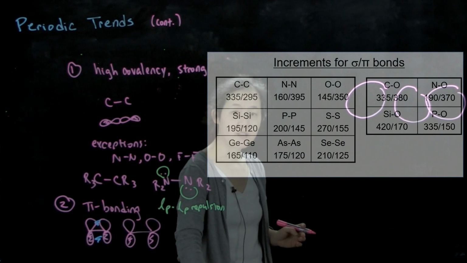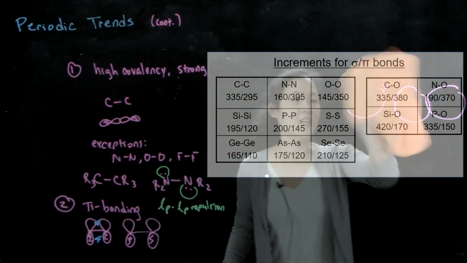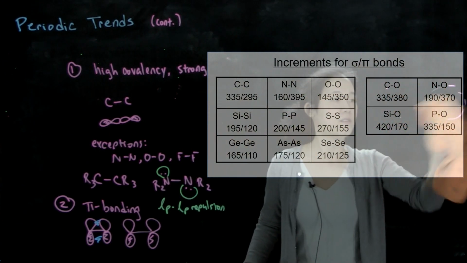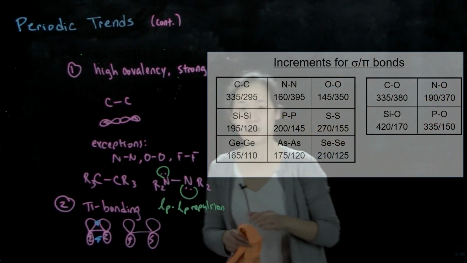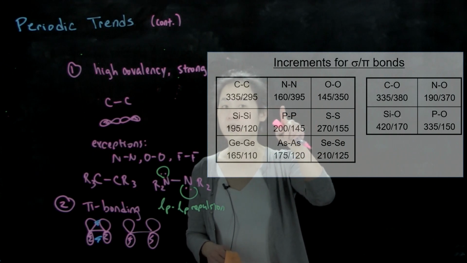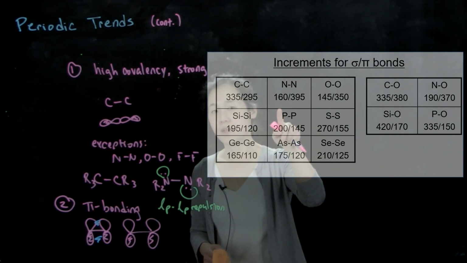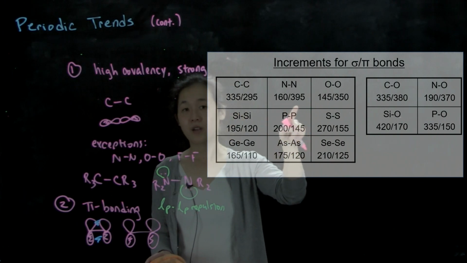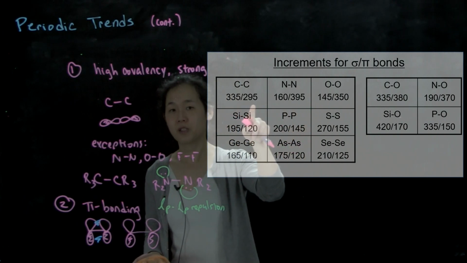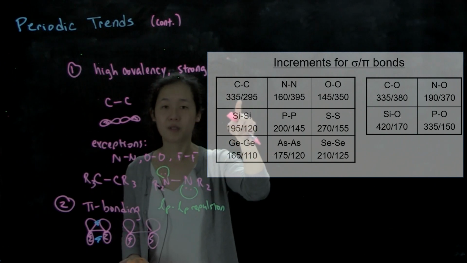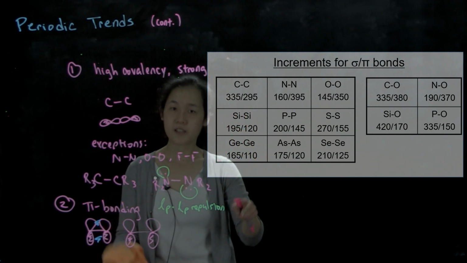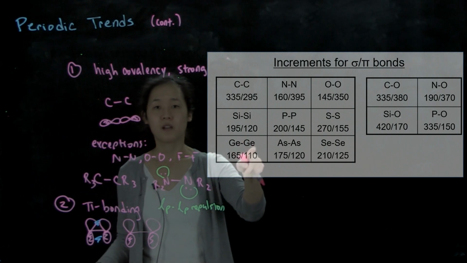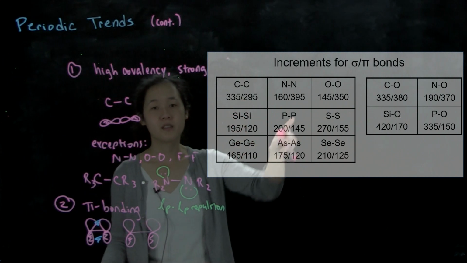So let me move on. Here's a table of more values. We're comparing, the left number is going to be the sigma bond, which for nitrogen-nitrogen is weak, again, because of that lone pair repulsion. But you can see this pi bonding is actually quite strong. CC pi bonding is also quite strong. But then as we go down the group, again, because of larger size, further apart, worse overlap, our pi bonding gets very, very weak as well.